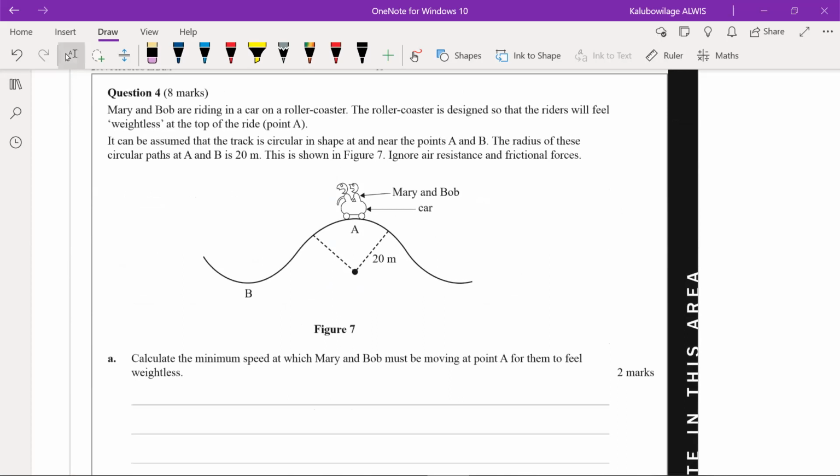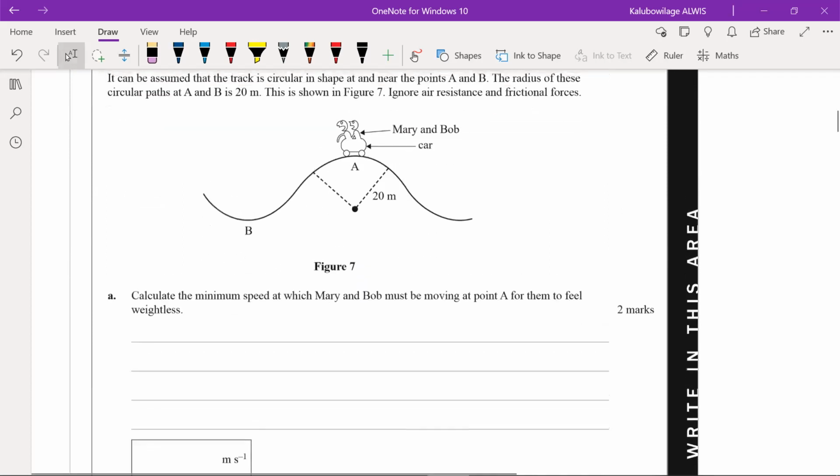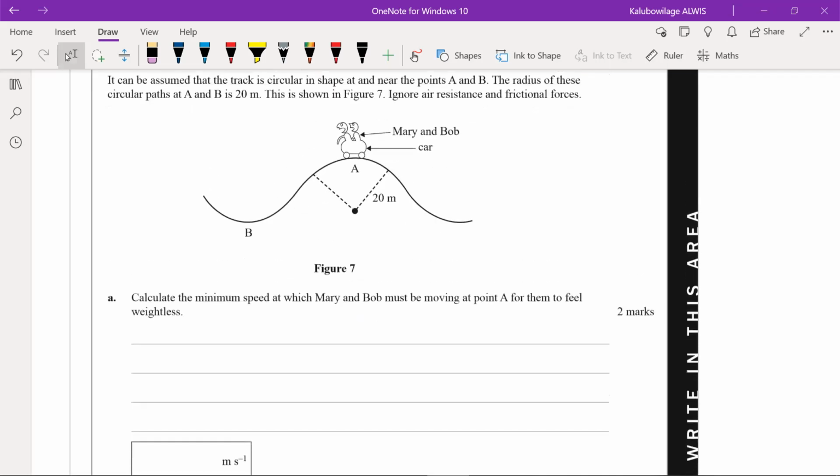And we're going on to centripetal forces. What is the minimum speed at which Mary and Bob must be at point A for them to feel weightless? So there's no normal force, they won't feel any normal force. At this point, it'll be mg equals F net, which will equal ma, so m v squared over r equals ma.